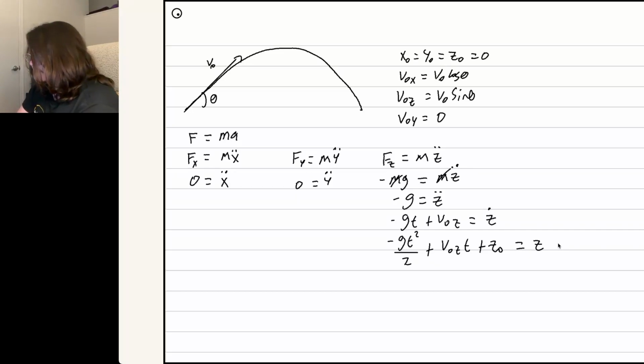We happen to know that z naught is 0. We set it to that arbitrarily. We know that v naught z is v naught sine theta. So plugging that in, you'll have your actual answer.